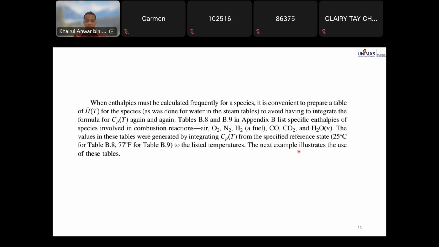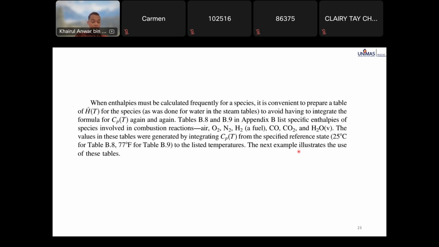When enthalpy must be calculated frequently for a species, it is convenient to prepare a table of delta H(T) for the species, as was done for water in the steam tables, to avoid having to integrate the formula for Cp(T) again and again. Tables B8 and B9 in appendix B list specific enthalpy.